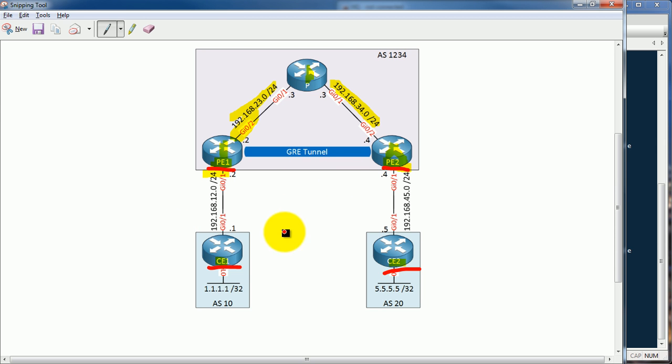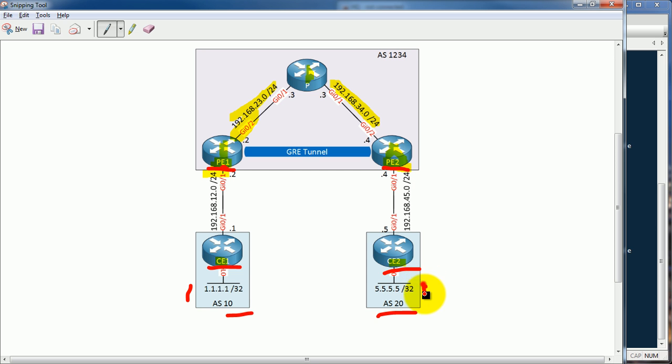We have C1, for example, with this router running AS 10, and this one running AS 20. We configure BGP on this one and peer this neighbor to this PE, and advertise the global network.